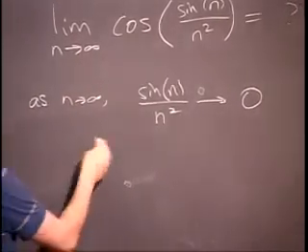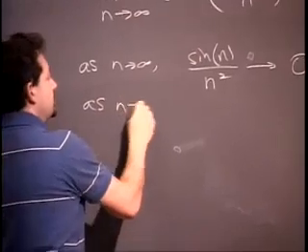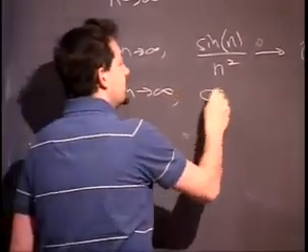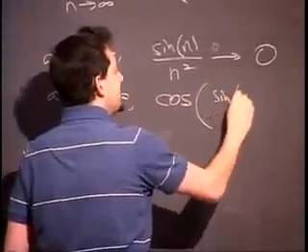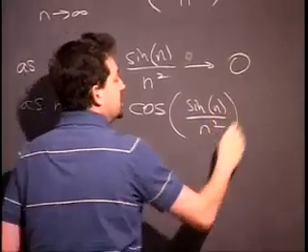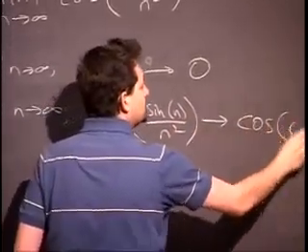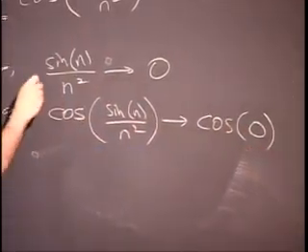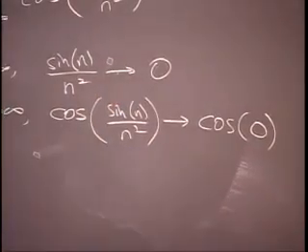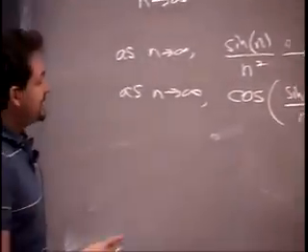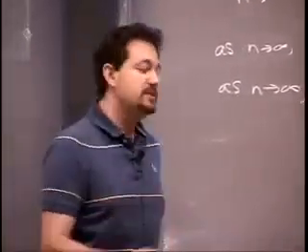And so you'd also like to say that as n goes to infinity, cosine of sine n over n squared goes to cosine of 0. So you'd like to whack both sides of this arrow with a cosine. And that is allowed because cosine is continuous at 0.